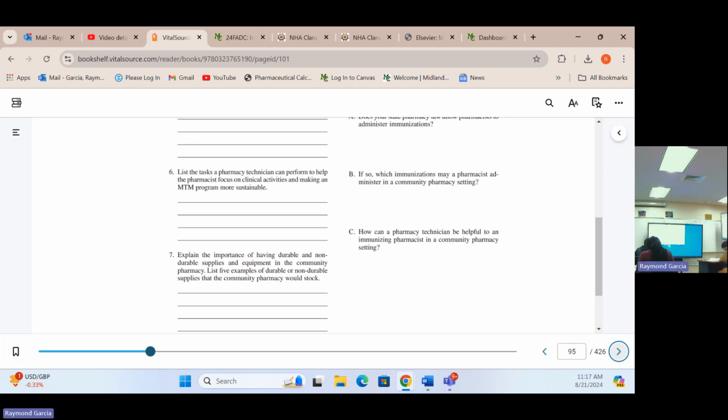Additional steps can be taken to further increase efficiency in the process. MTM again means medication therapy monitoring, and cross training of all pharmacy staff.